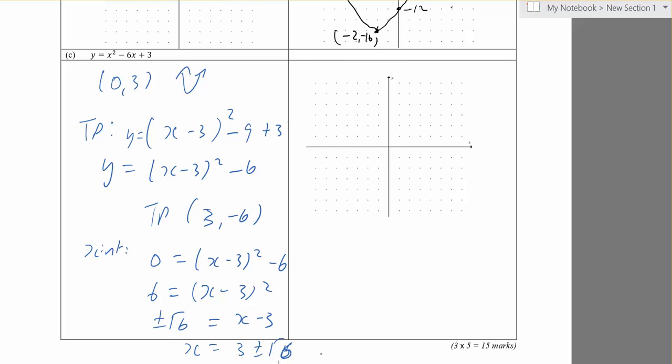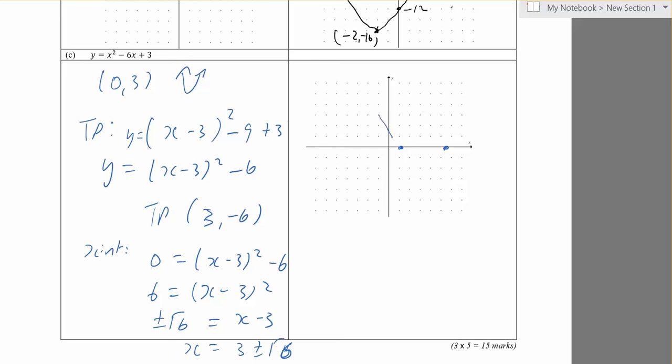Now, because root 6 is less than 3, they're both going to be positive. So we've got two x-intercepts, both positive, and my TP is 3, -6, and my y-intercept is at 3. Okay, so it's going to look something like this.